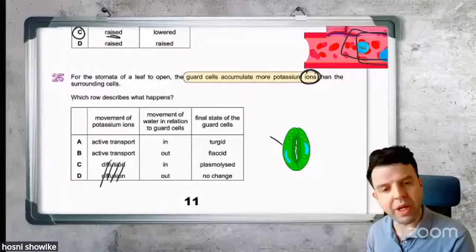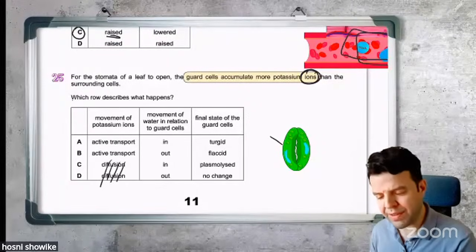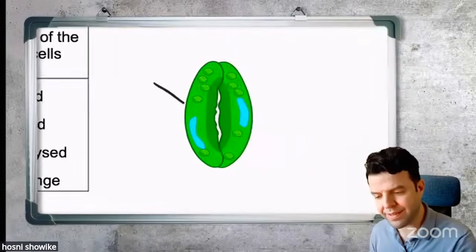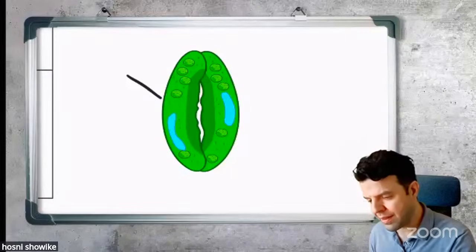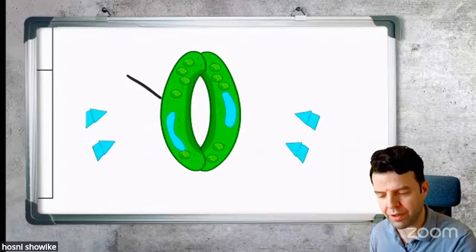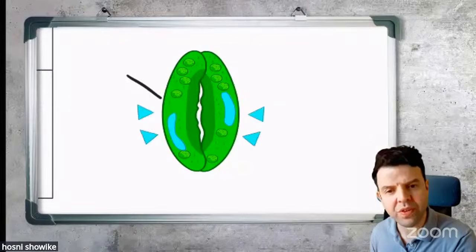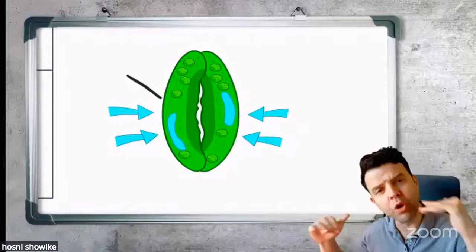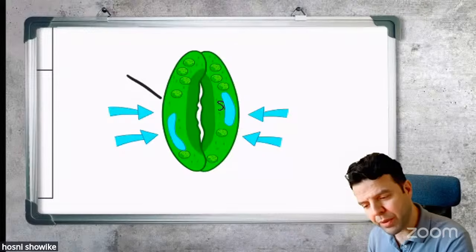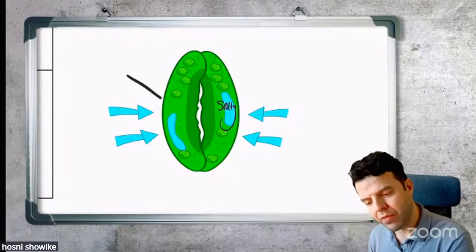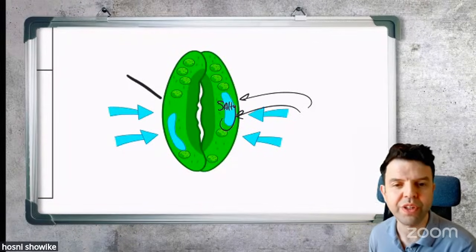Movement of water, in what direction would you expect the water to move? They said the cell has accumulated ions. The ions moved into the cell. As a consequence, water will follow the ions. The area inside becoming salty, the water will follow the salt.